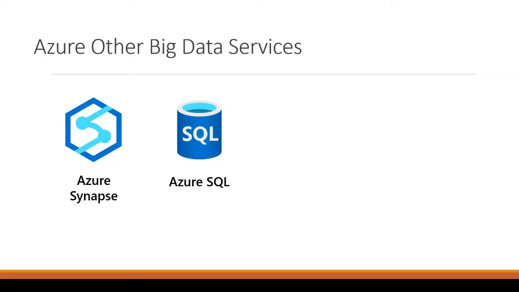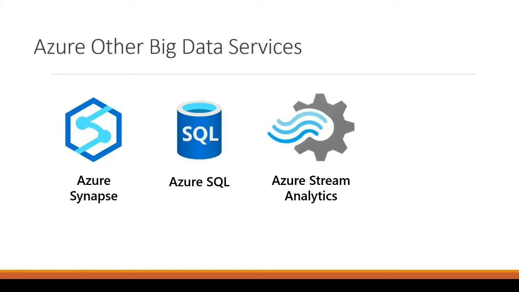Then if you have some basic knowledge of data concepts, you must know about SQL and Azure SQL Database, where we have data in tabular format. Then we have Azure Stream Analytics. There are two different types of data: batch data or streaming data. Azure Stream Analytics is used to process streaming data.